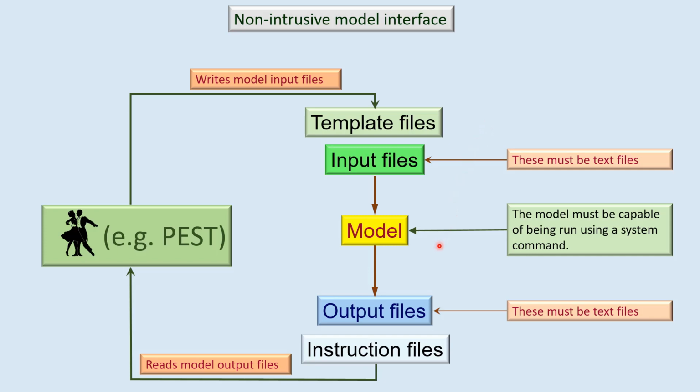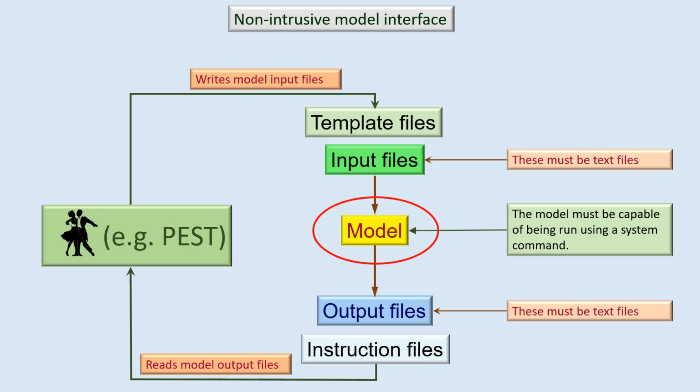Once the model is run, PEST must be informed through instruction files that are prepared by the user of what numbers must be read from model output files, presumably to be compared with field measurements, so that parameters can be adjusted through repeated model runs in order to minimize mismatch between model outputs and corresponding field measurements.